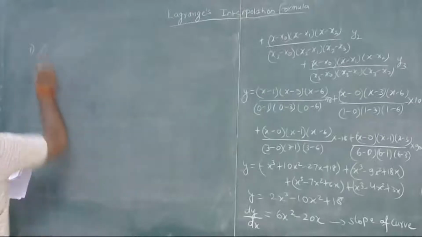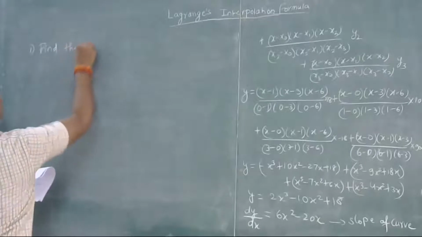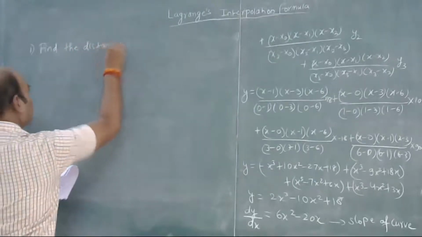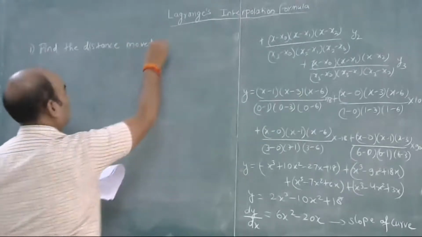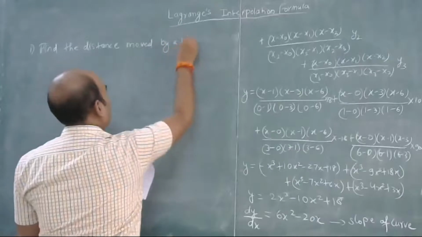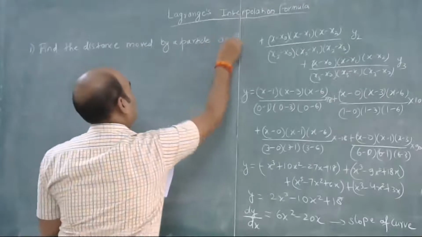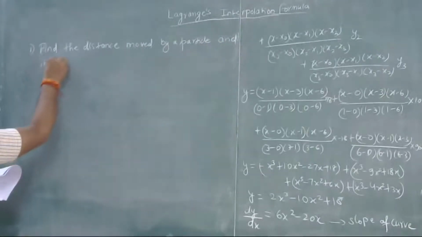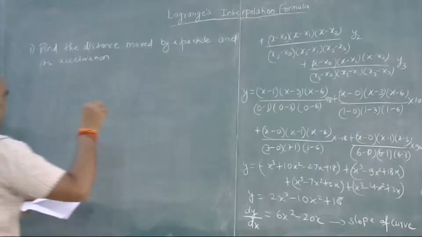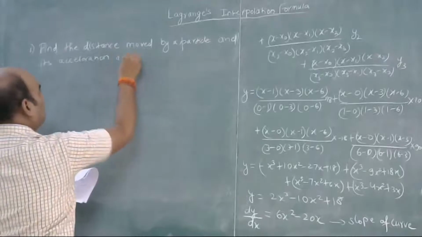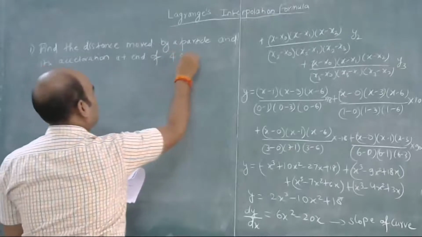Next question. Find the distance moved by a particle and its acceleration at the end of 4 seconds.